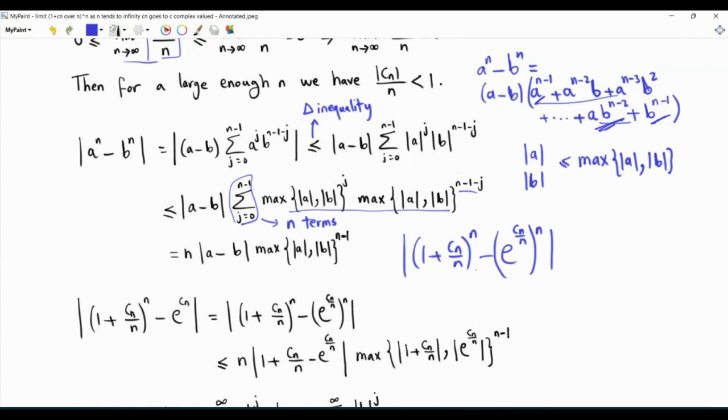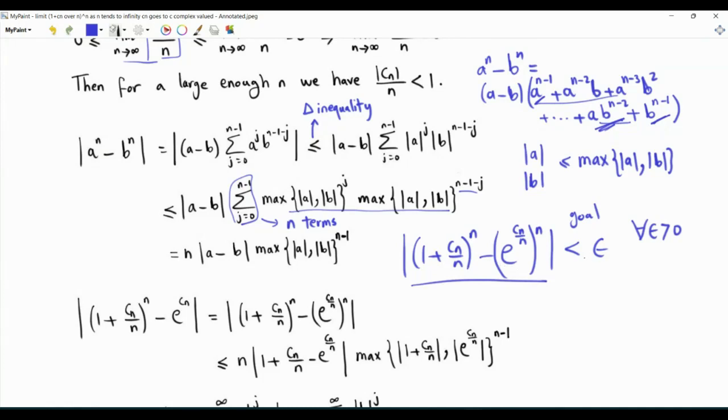Now, what is the goal? The goal is to show that this magnitude here is less than epsilon for every strictly positive epsilon.